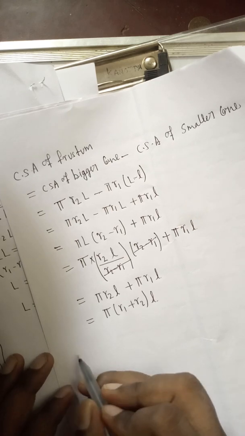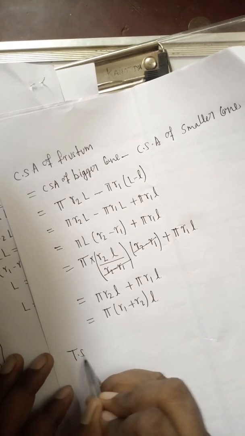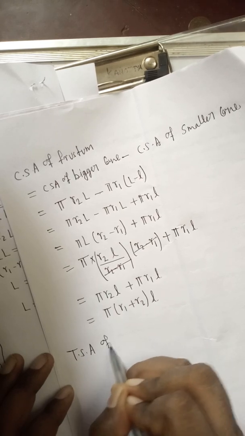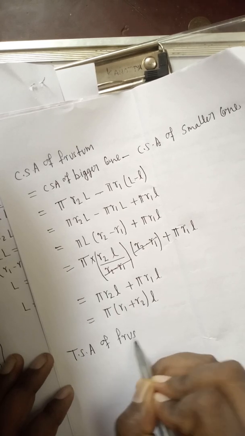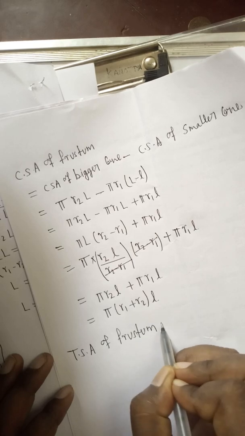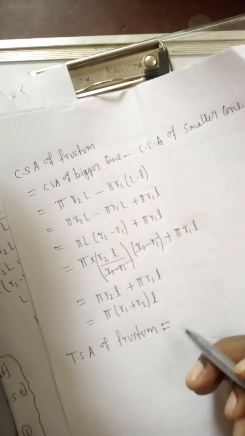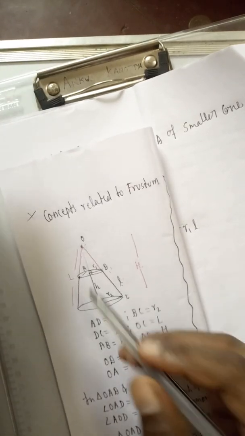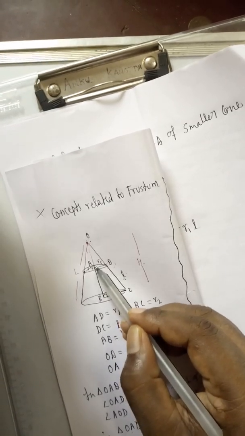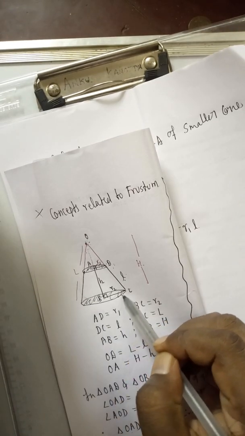Now we will discuss T.S.A of the frustum. T.S.A of the frustum is nothing but its C.S.A plus the area of the top circle plus the area of its bottom circle.